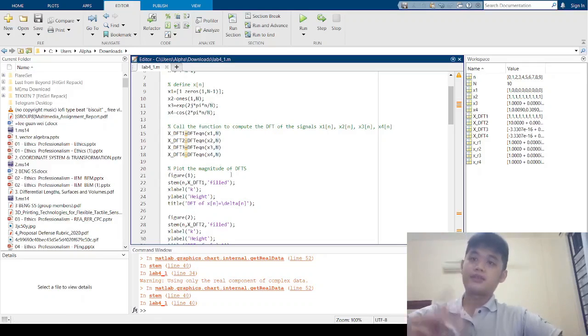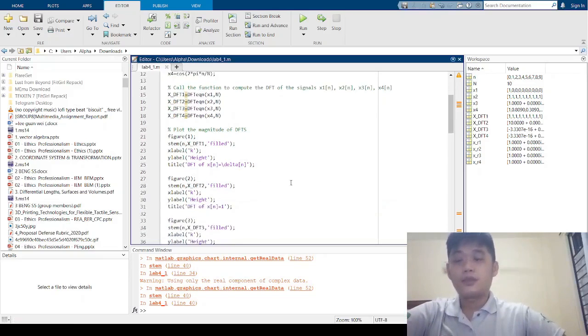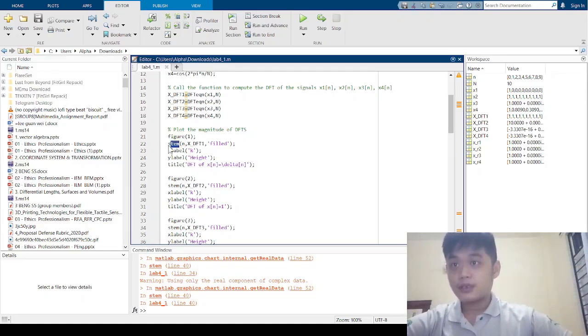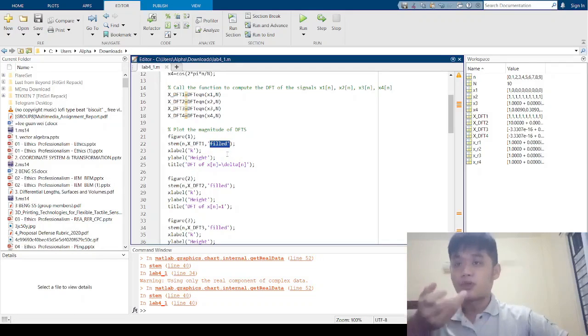After this, all the values for the discrete Fourier transform will be stored in the variables over here in the front. In order to display these values in graph form, we first stem it with the small n, and make sure it is filled for the circle to make the points more visible.